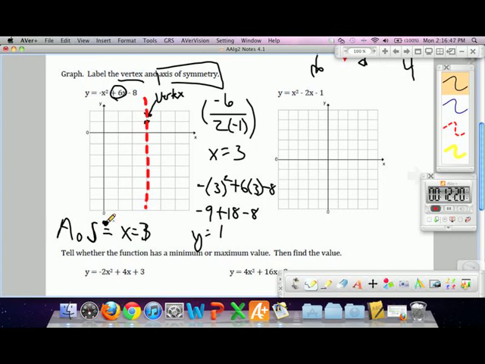How am I going to get another point? Use the axis of symmetry to mirror this point over. So if here's the axis of symmetry, then this point should be over here as well. If you really want to, you could find a couple points in between. Or if you're really lazy, you could sketch this parabola through those points.